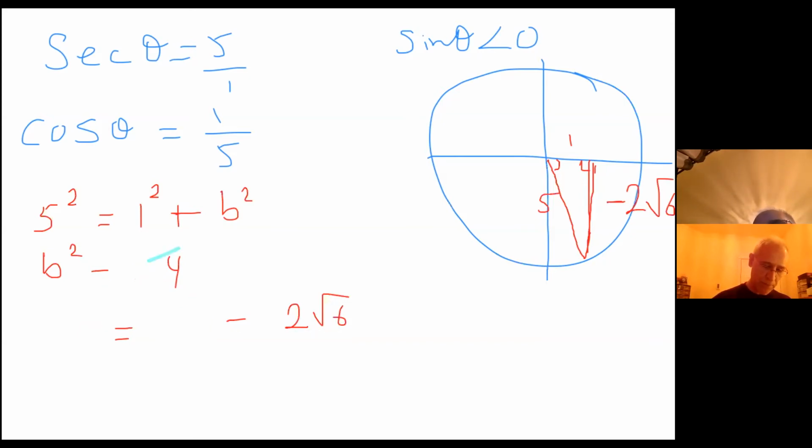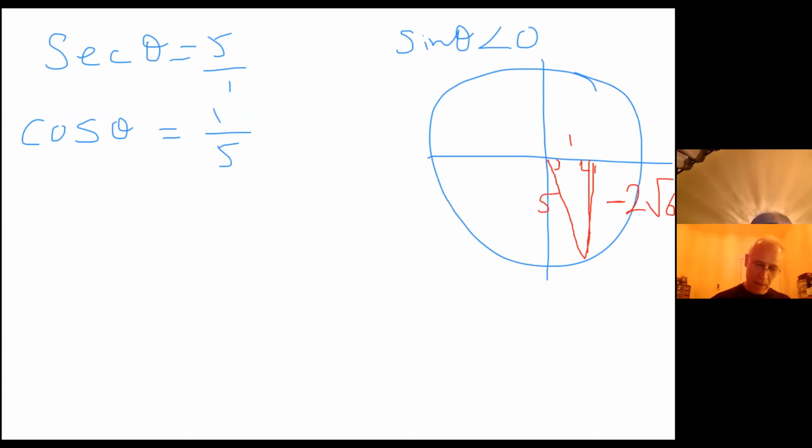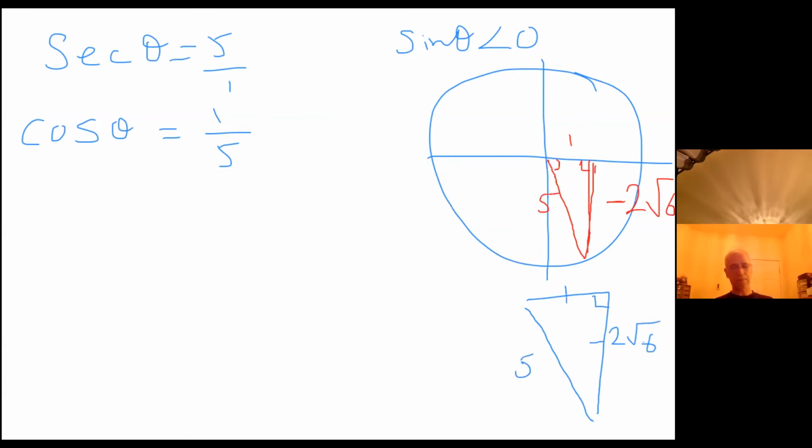So let me give myself a little bit of room in here. And so here is the triangle. So this is minus 2 root 6, 5, and here's 1. Okay, what is sine of theta?